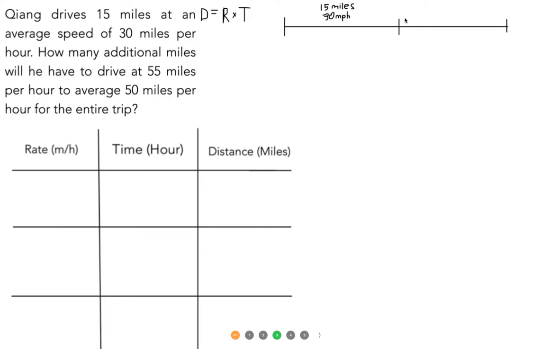And then he drives the second part of his trip at a speed of 55 miles per hour for an x number of miles.